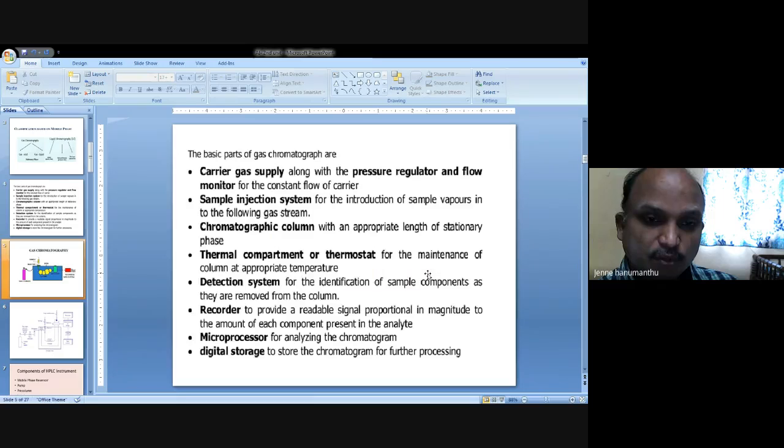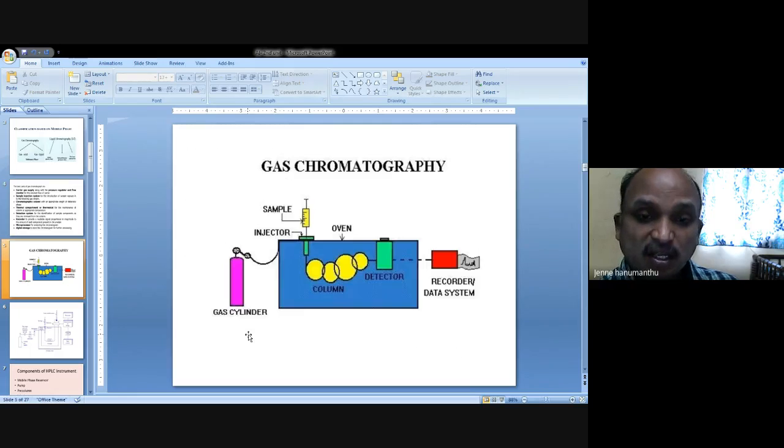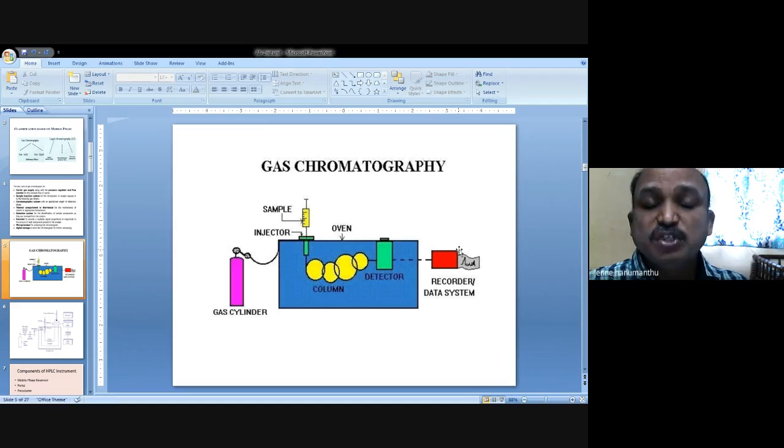And one more: the recorder, microprocessor and digital storage. These three come under the last part, the recording section. The recording and data system includes a microprocessor, recorder, and display, digital display, graphical display like this. So these are the parts available in gas chromatography.